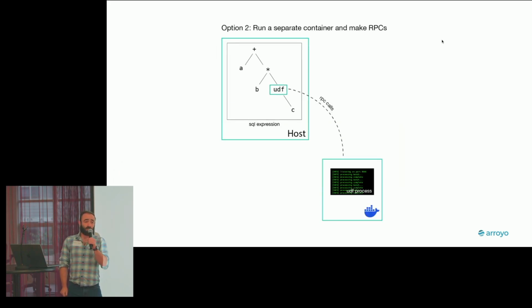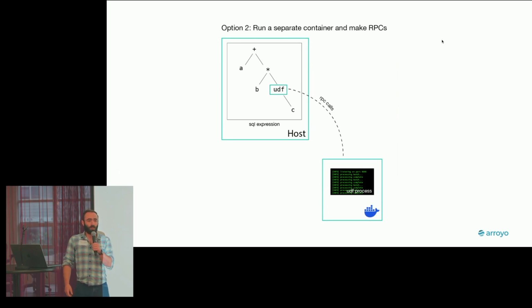The second option is to run our UDFs in a separate container and make RPC calls to them. It's another common solution to this problem. The advantage is we can just compile the UDF into its own service. We don't need to compile it with the whole engine. The downside is that, again, it's really slow. There's going to be a ton of serialization and network overhead, and we have to copy the data a bunch of times.